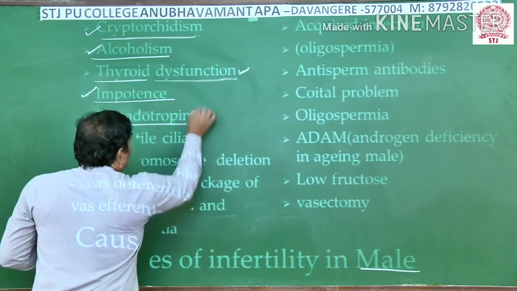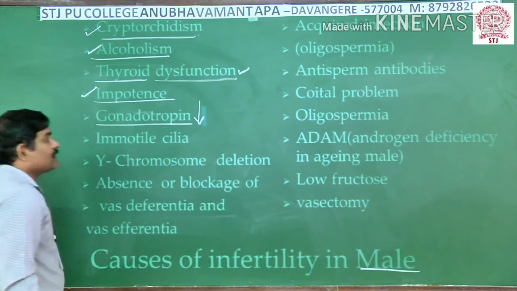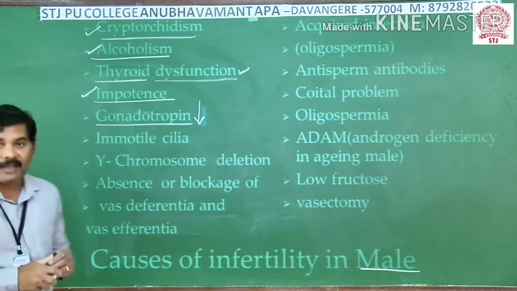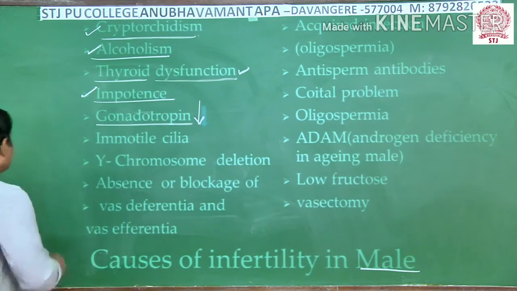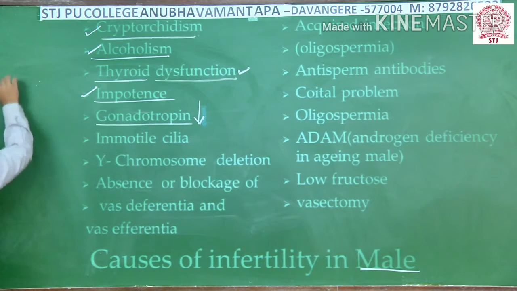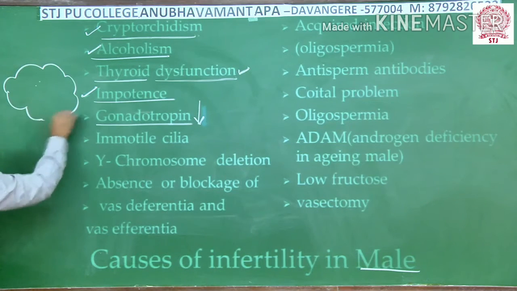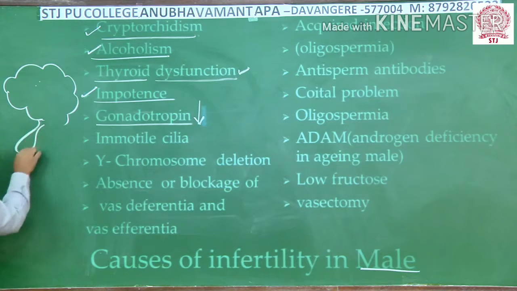Thereafter, gonadotropin deficiency. Gonadotropin is a kind of hormone, and these gonadotropins are released from the pituitary gland.